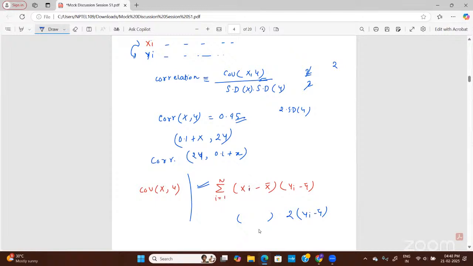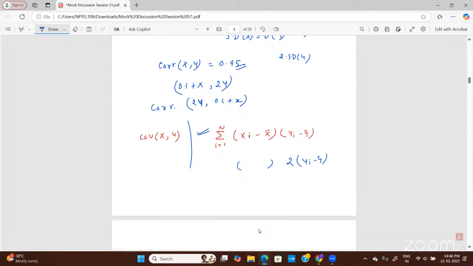Ma'am, in the formula, x1 minus x dash and summation of that, do we also have to divide it by 2, because there are two variables? For the formula of variance we have to divide by n minus 1, so do we have to divide here?